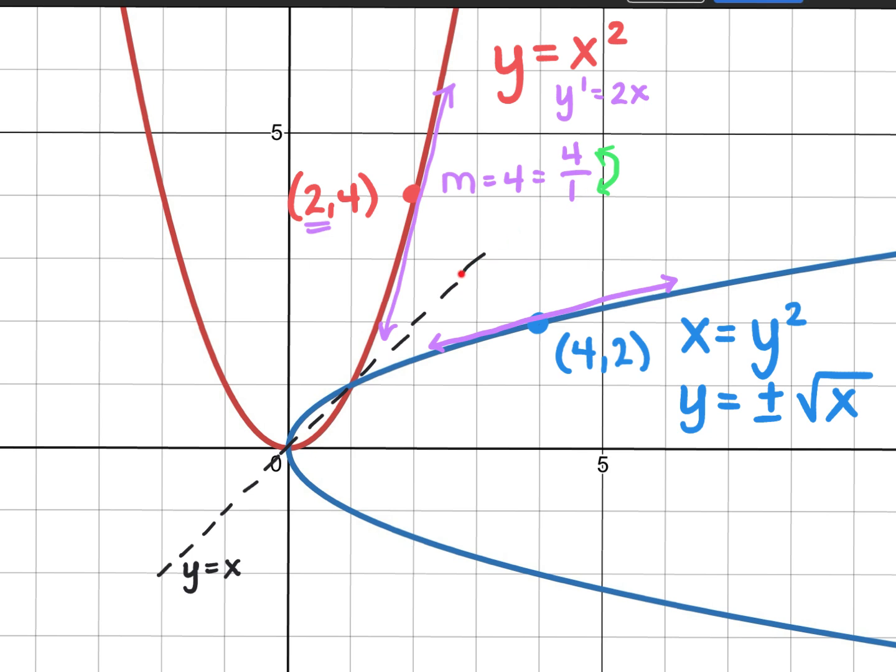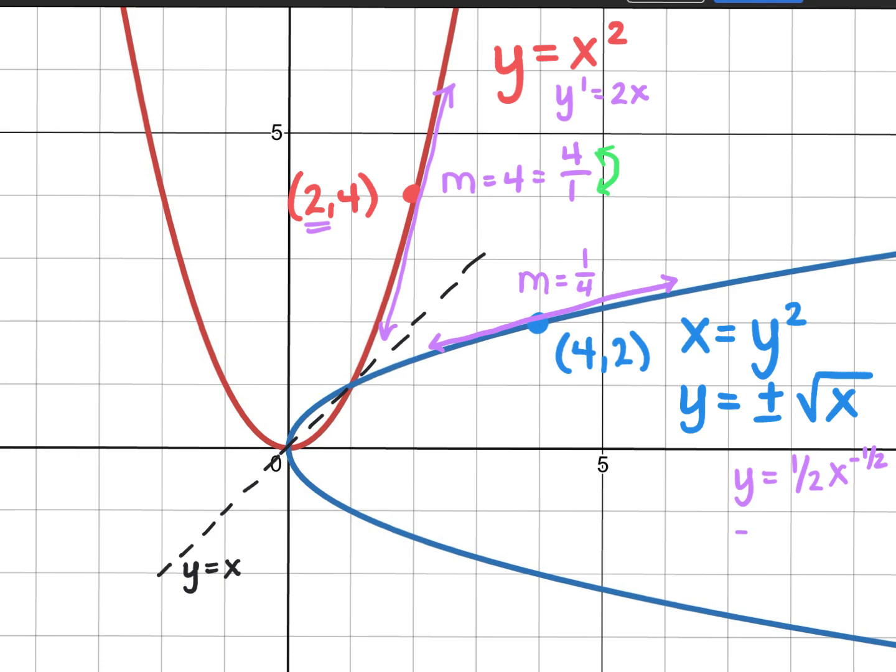But anytime I fold over this black line, x and y reverse. So this slope would be 1/4. So it's a reciprocal of what my slope was a minute ago. Okay. And we could verify that. I mean, we could come in here and say, all right, let's find our derivative. Our derivative is going to be 1/2 x to the negative 1/2.